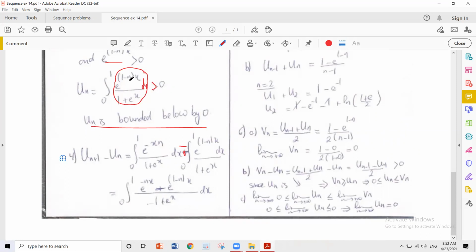So 1 minus n becomes 1 minus (n+1), so it becomes 1 minus n minus 1, which becomes minus n.